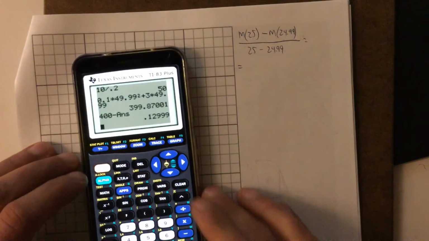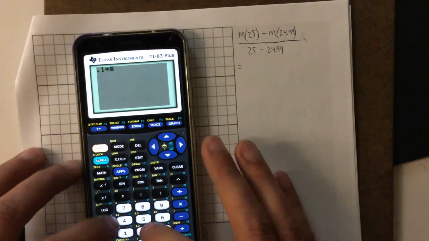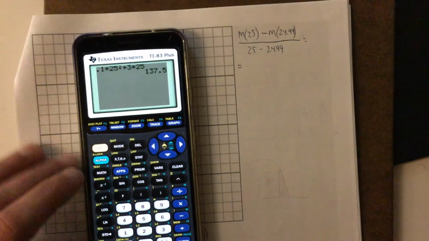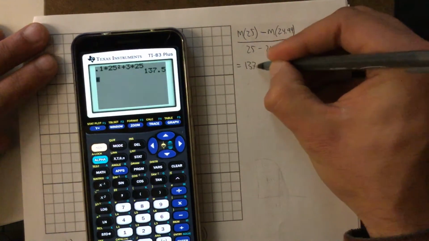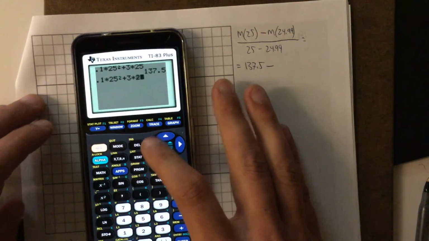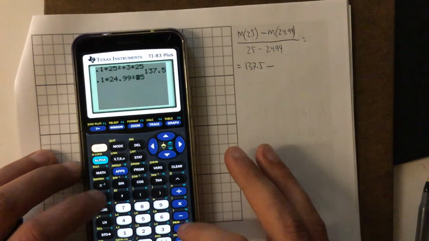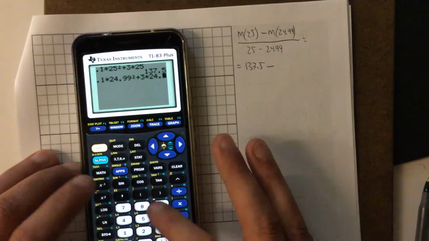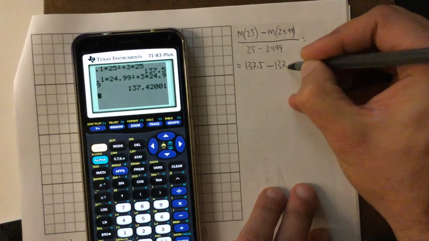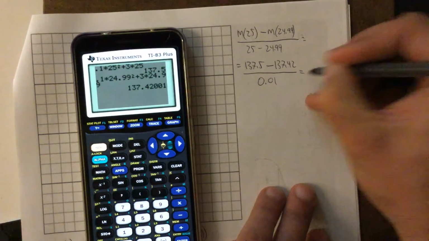So let's see here. We've got m of 25, so we're going to have to do 0.1 times 25 squared plus 3 times 25, which is 137.5, minus 24.99 squared plus 3 times 24.99, and that's 137.42, divided by 0.01.